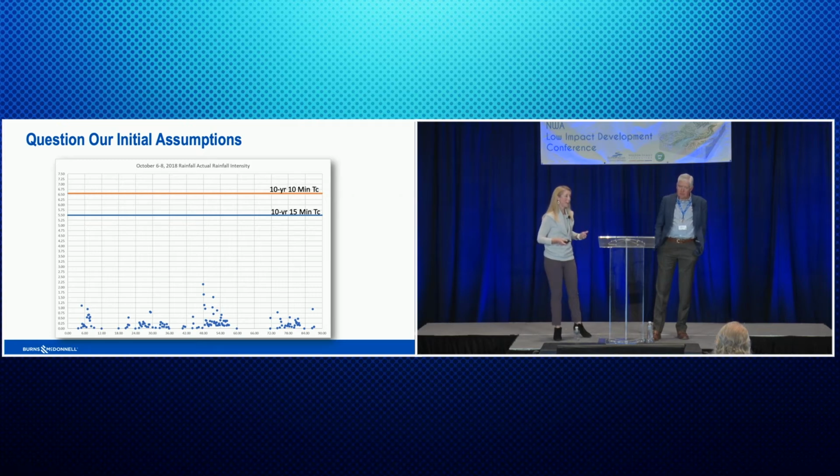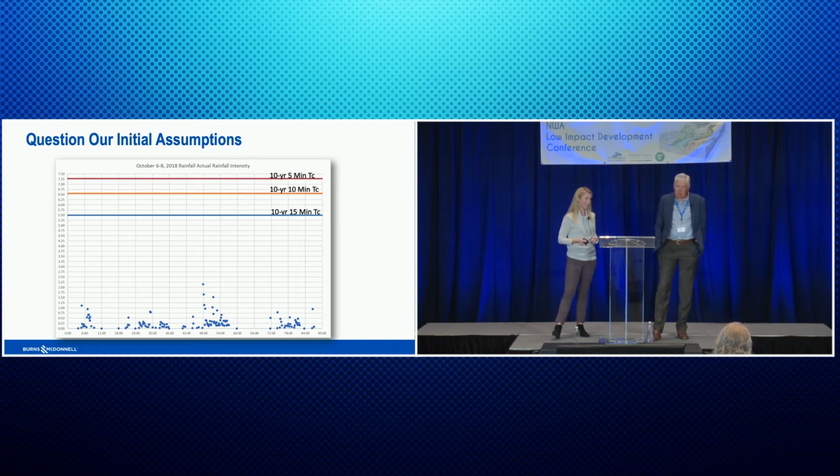If I'm going to assume a 10-minute concentration, the intensity I'm going to use to design that pipe is a lot higher. 5 minutes, it's even higher. So for a typical 10-year pipe that I'm designing, I am assuming intensities that are a lot greater than what I would typically see during a storm.